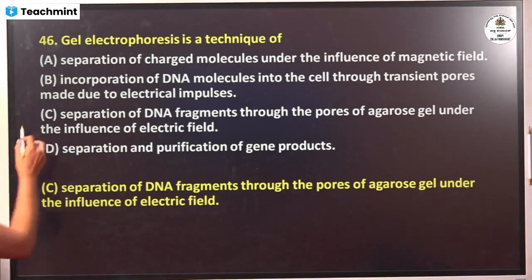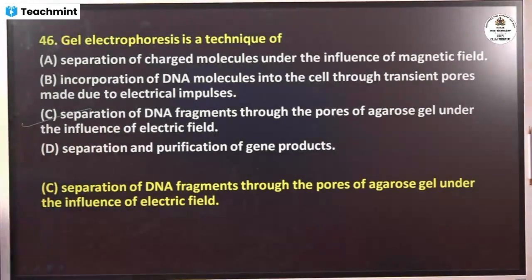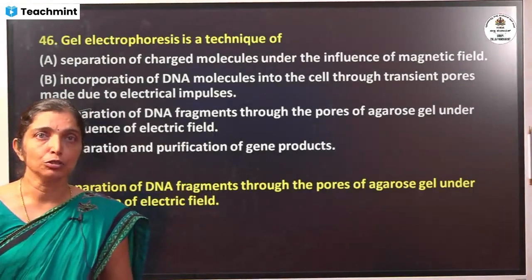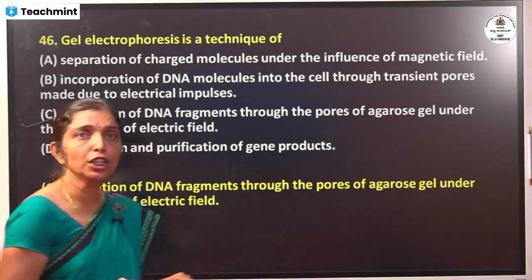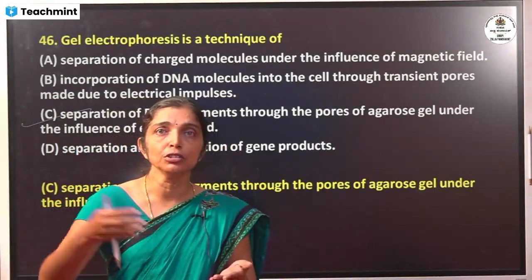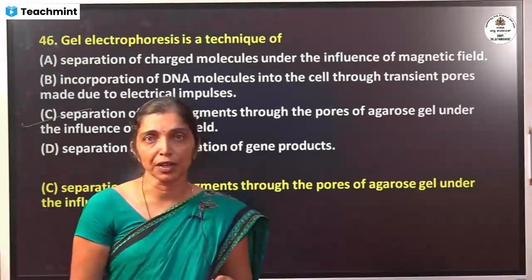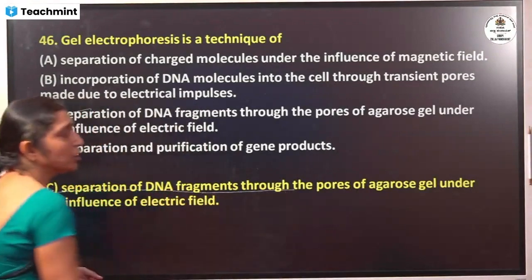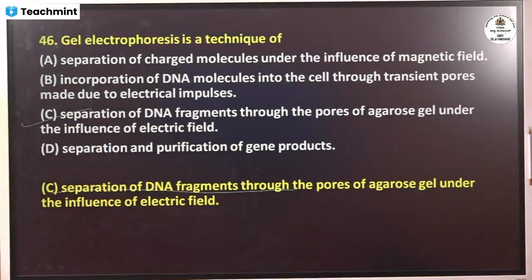This is the separation of DNA fragments through the pores of agarose gel under the influence of electric field. In the process, you are using the agarose gel slab to separate out the DNA fragments.